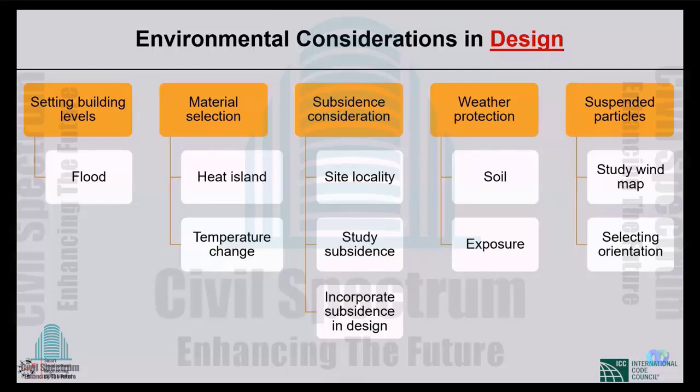How can it be done? We have to understand the flooding and design level of your road top elevations. You need to know this. Then also the material selections. You have to be careful about material selections.